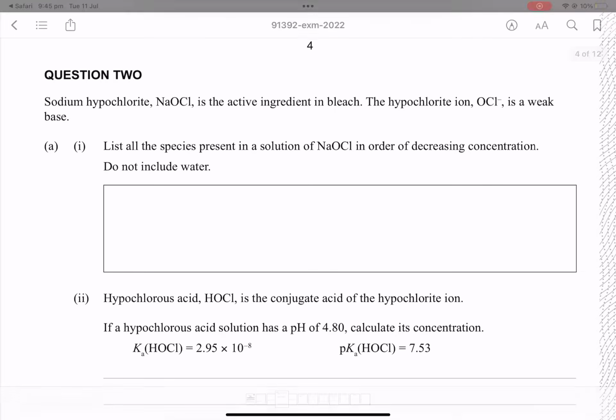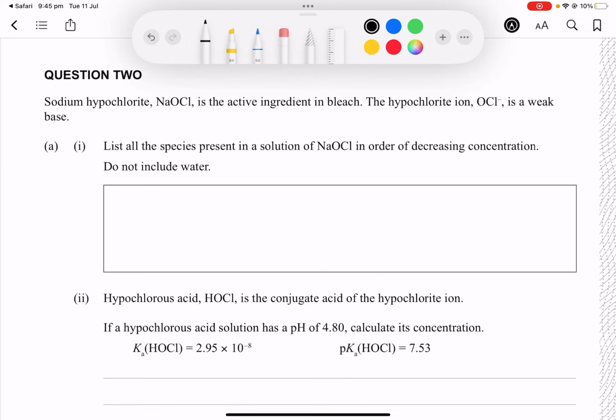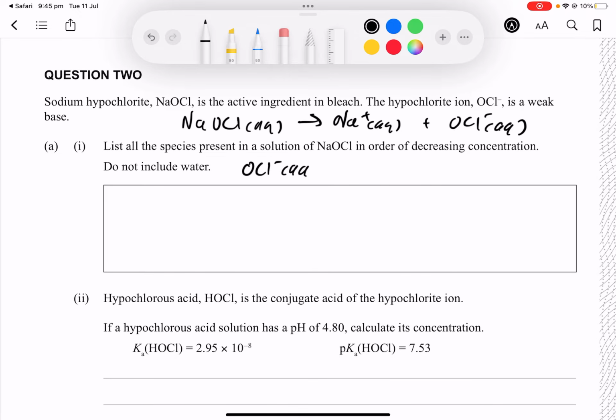So in this case, first thing that's going to be happening here is NaOCl is going to dissociate completely in water to form its ions. So we have NaOCl completely dissociating to form some Na plus ions and some concentration of OCl minus ions. And then additionally, some of the OCl minus ions will react with water to form HOCl plus OH minus ions.